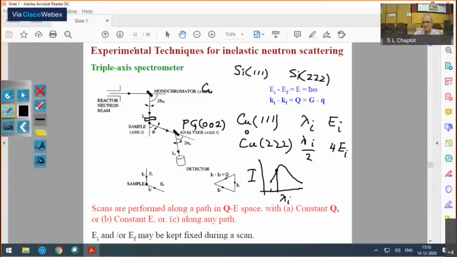We don't use a very thick sample and thick monochromator, and so those issues are taken care of. So these are practical issues in measuring phonons from a single crystal in a reactor, and there are similar issues also when you do it with a time of flight spectrometer.